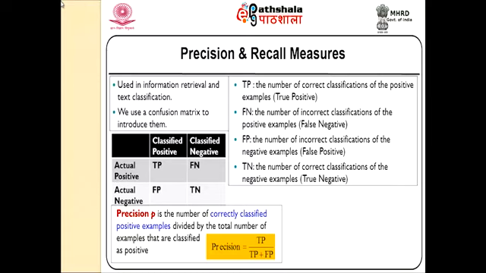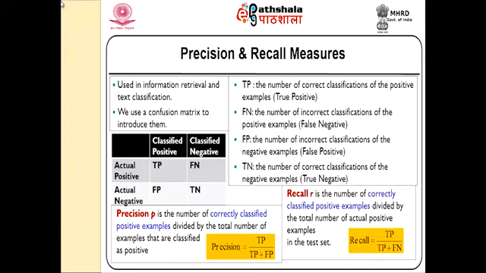So, that is the definition of precision. And recall R is the number of correctly classified positive examples TP divided by the total number of actual positive examples in the test set, which is nothing but TP plus FN. So, these are 2 measures, precision and recall, in terms of classification.